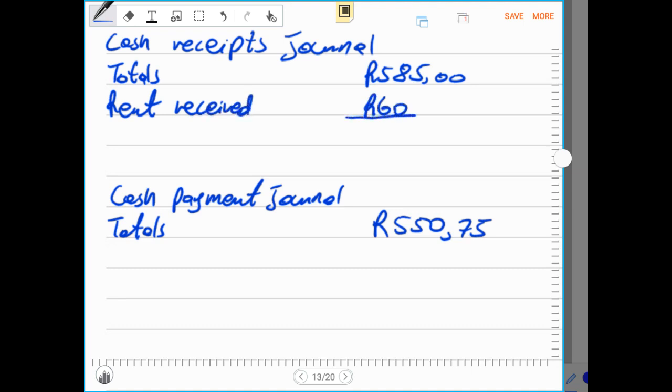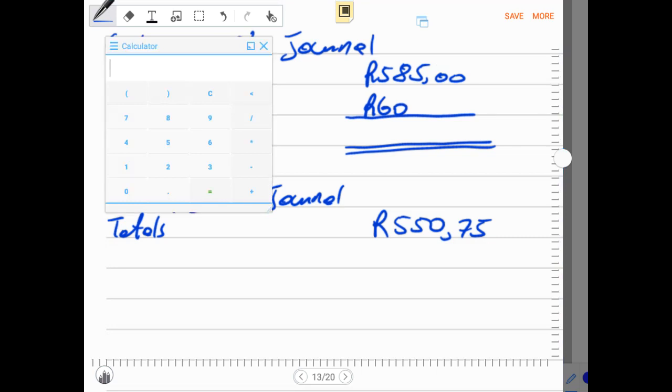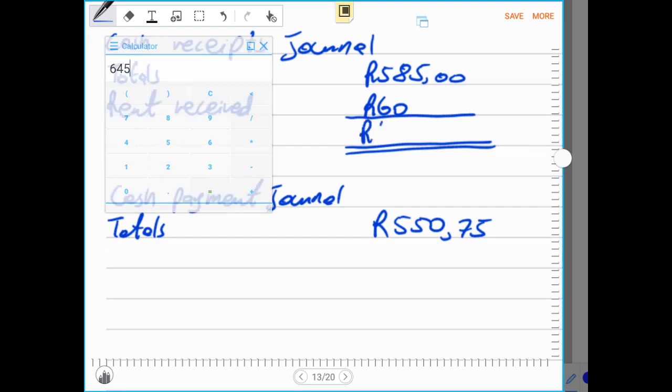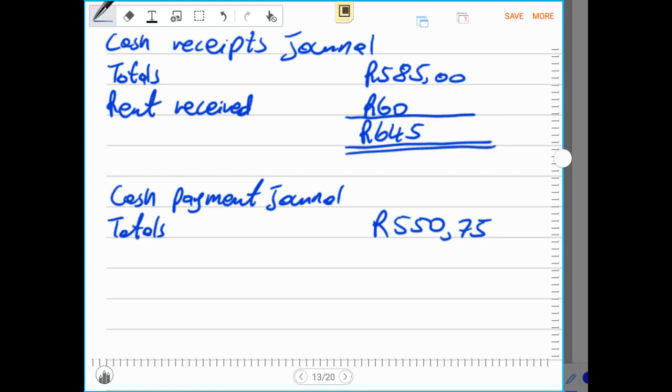There will be no other receipt items because we have captured all of those items. So 60 rand plus 585 will give us 645. Now we have completed the cash receipt journal.